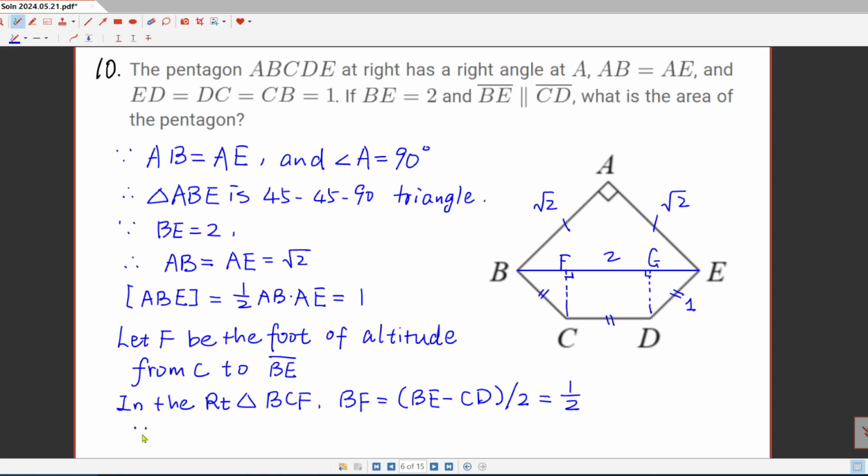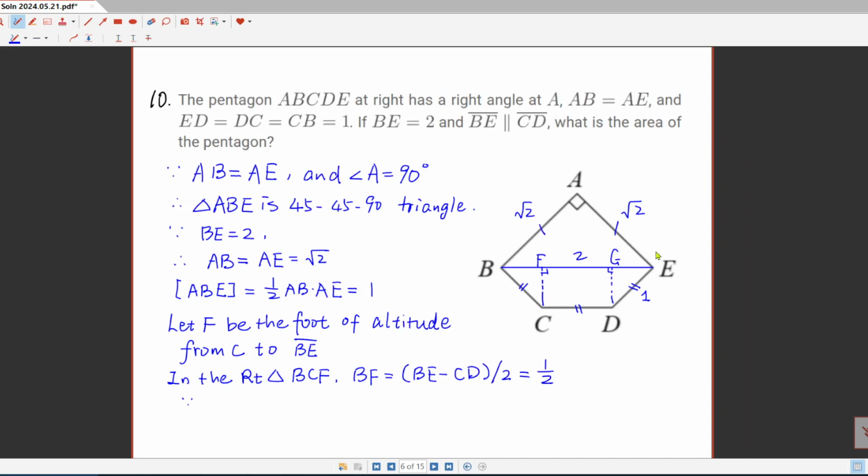And we also know that the length of BC is 1, and CF is square root 3 over 2.